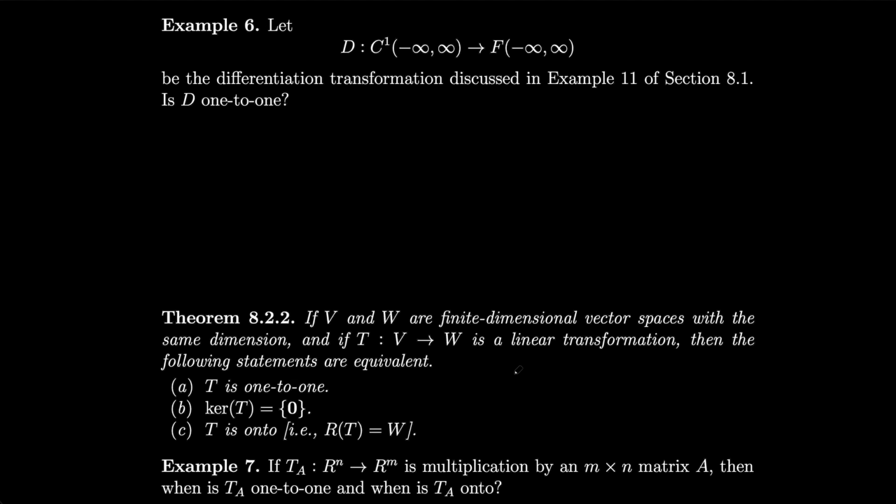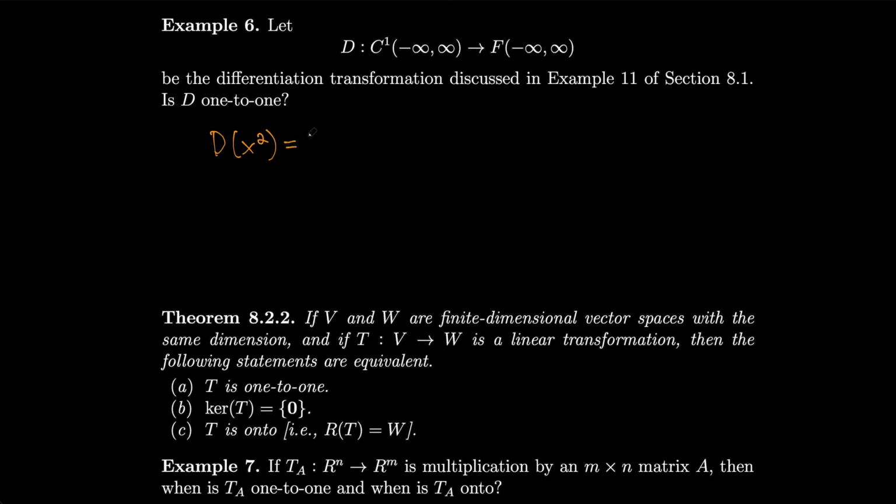For example 6, let D from C1 to F be the differentiation transformation discussed in example 11 of section 8.1. Is D 1 to 1? Well, how about we look at the differentiation operator applied to x squared? That would be 2x, right?